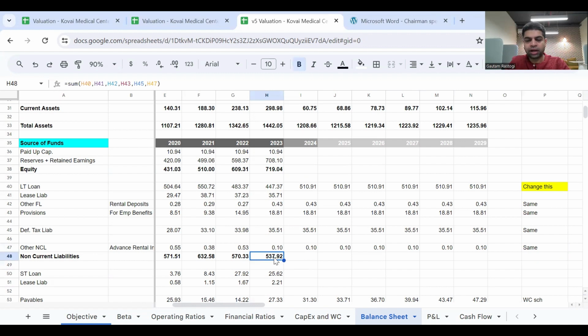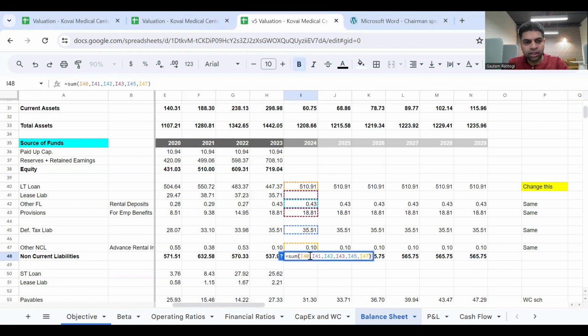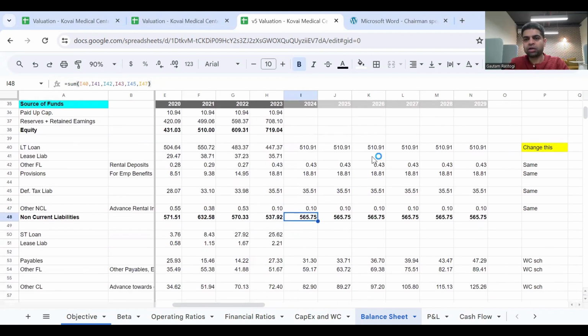And now let me sum up everything. Now this is the non-current liabilities. So we are done with that. Obviously we're going to change the long term loans, and we may come back and change the modeling of deferred tax liabilities and provisions as well. But this is what we have for now.